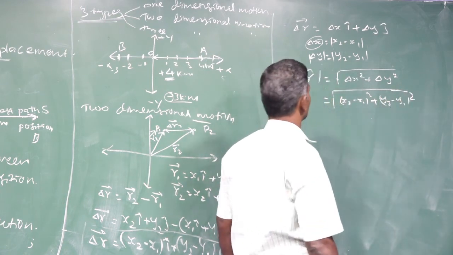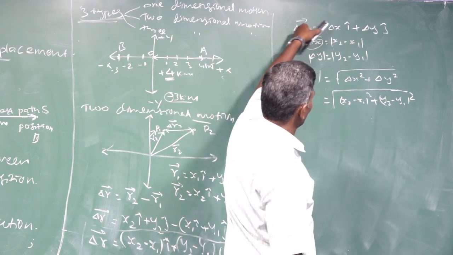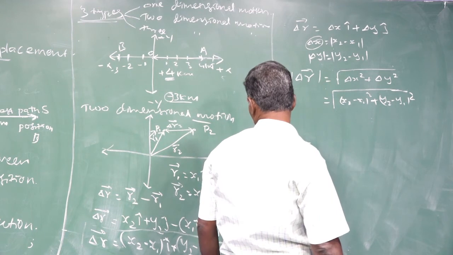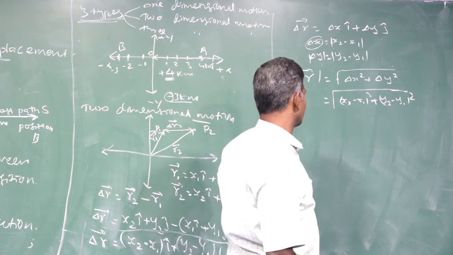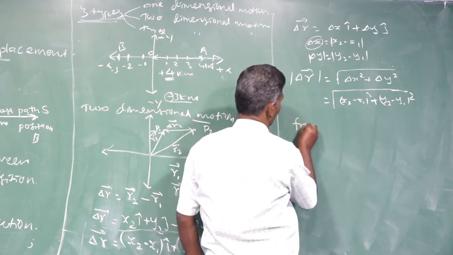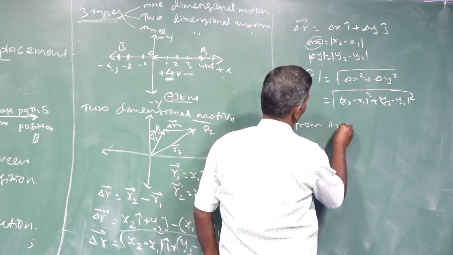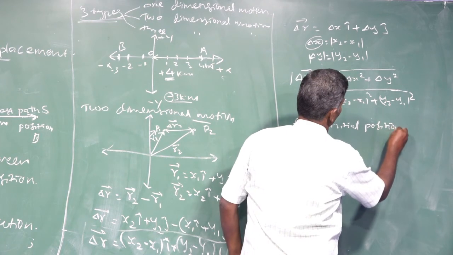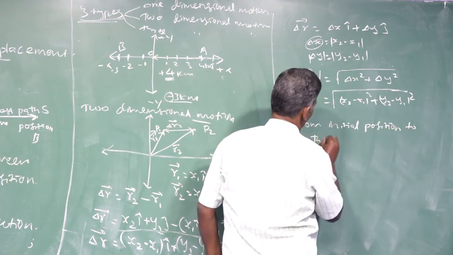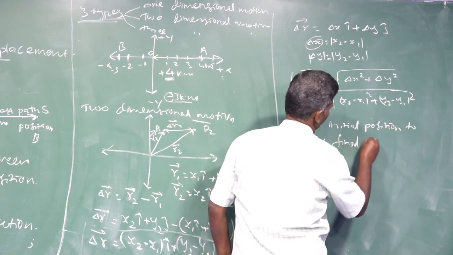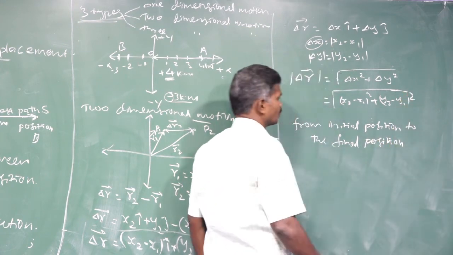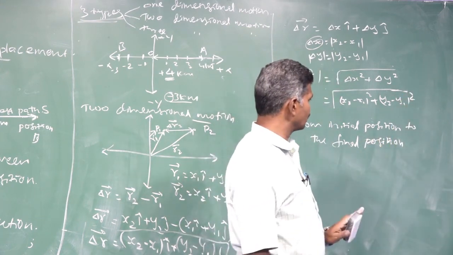The vector contains both magnitude and direction, whereas if we want to represent only the direction, it is from the initial position to the final position. That is the direction of the displacement, not from the final position to the initial position.